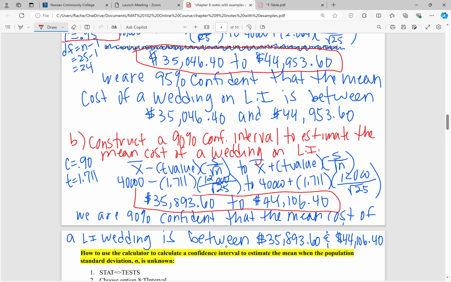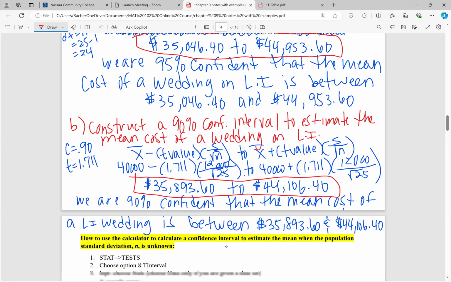Right, so here we got $35,893.60 to $44,106.40. So going forward now, in the next example, I'm just going to use the calculator rather than the formula to get our confidence interval. And I expect you to do the same. Take advantage that we have this function built into the calculator.